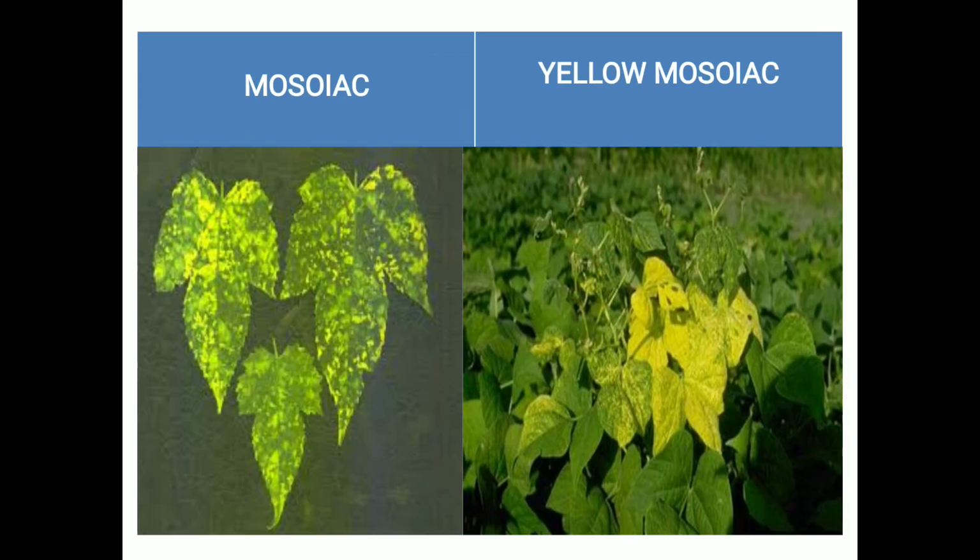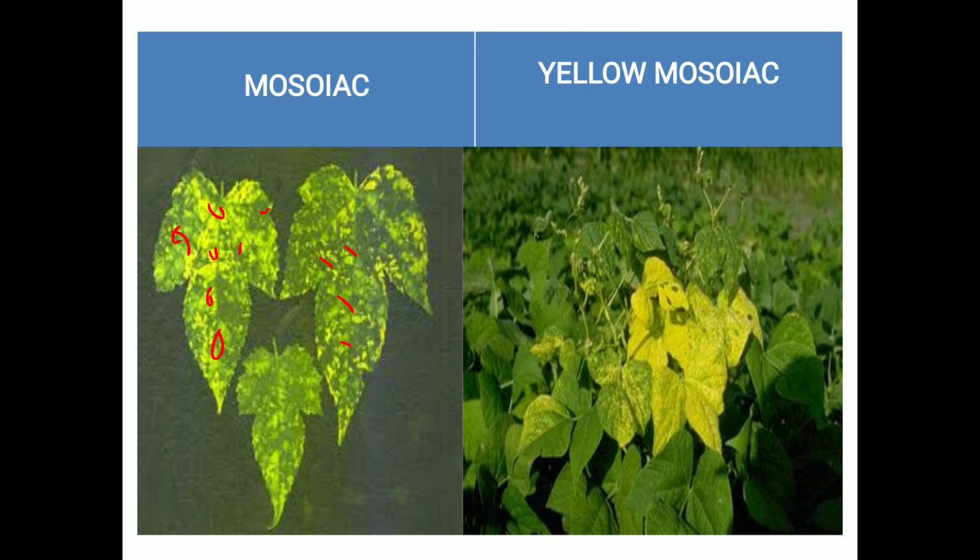Next one is mosaic. As we know, mosaic is nothing but a loss of chlorophyll in uneven patches. That means there is a loss of chlorophyll here, but in patches. So due to that, yellowish green color is observed on the leaves. This is called mosaic. Mosaic is a viral symptom, or it is due to viral attack.